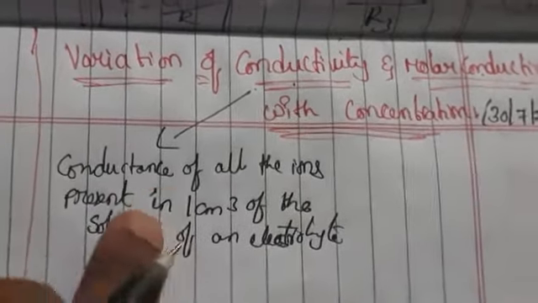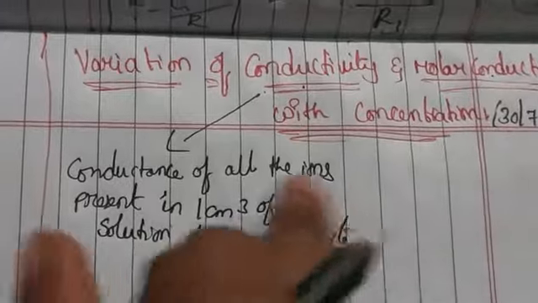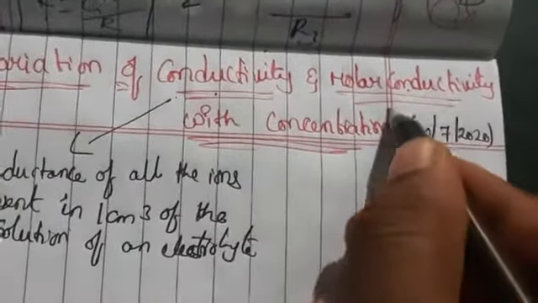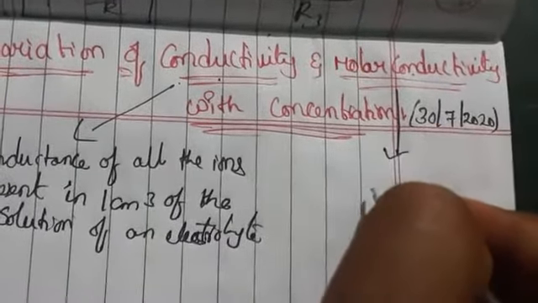Yes or no? Conductance of all the ions present in 1 centimeter cube of the solution of an electrolyte, we call it conductivity. Whereas what is molar conductance?